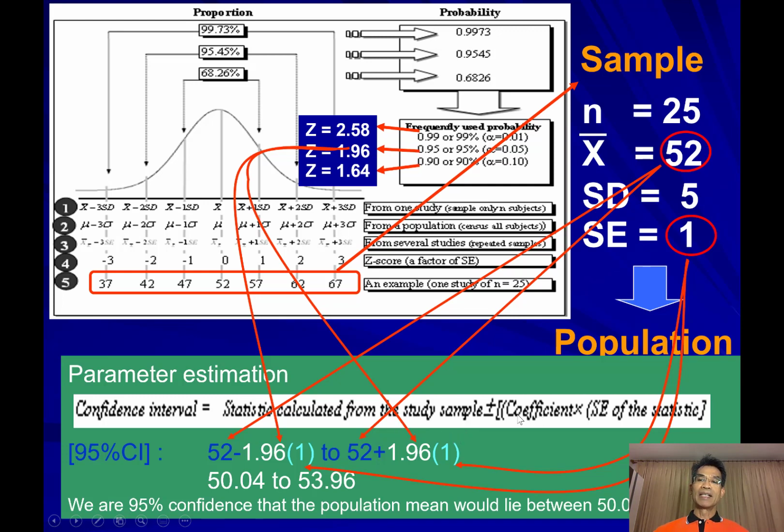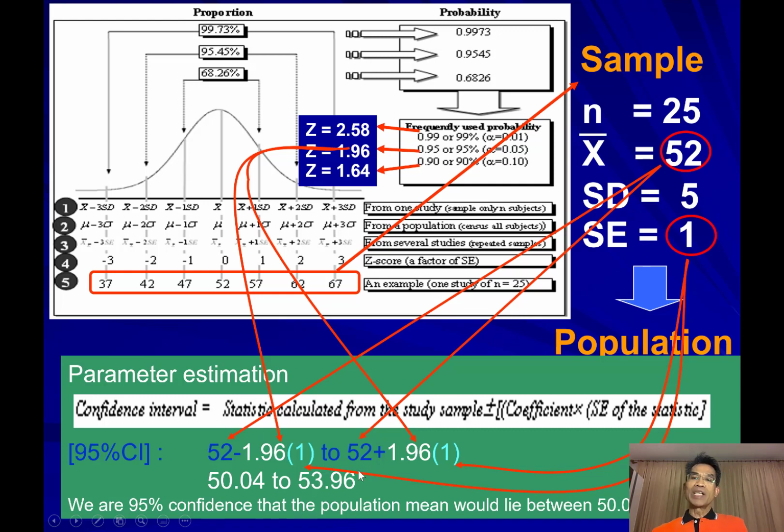The difference is this thing, the standard error. You calculate that statistic plus or minus the coefficient. The coefficient remains the same. So here is the first component of statistical inference, parameter estimation.